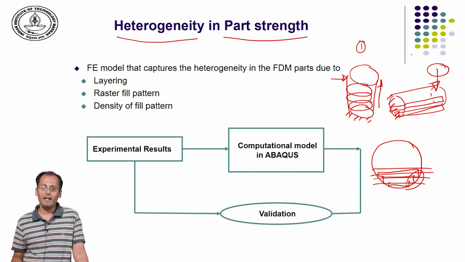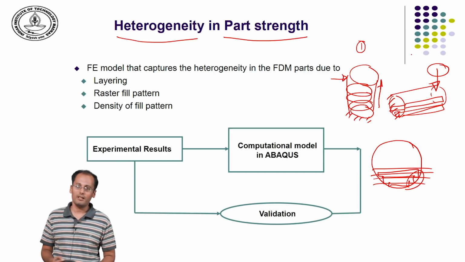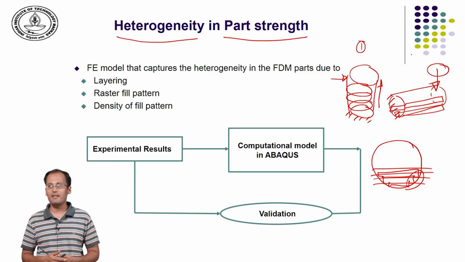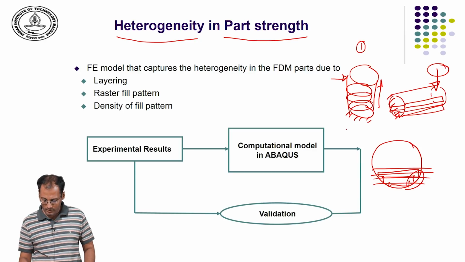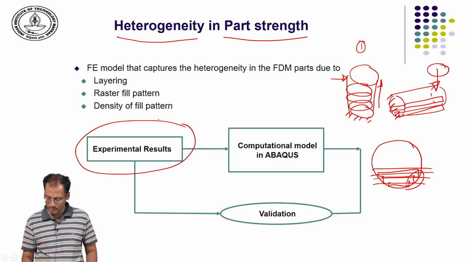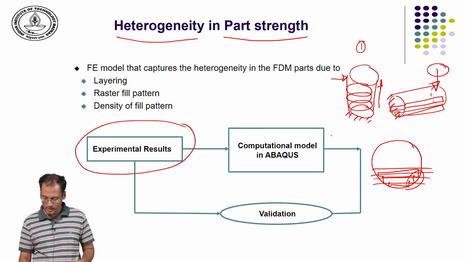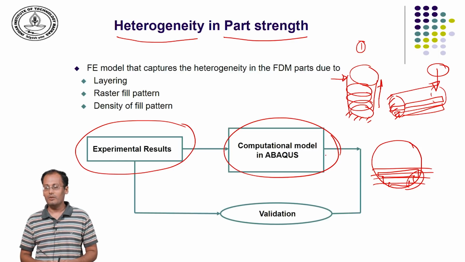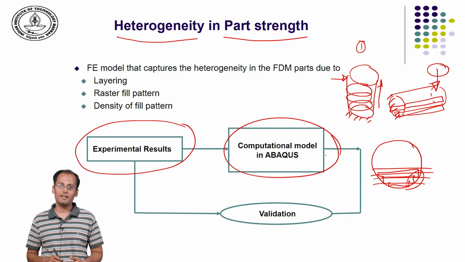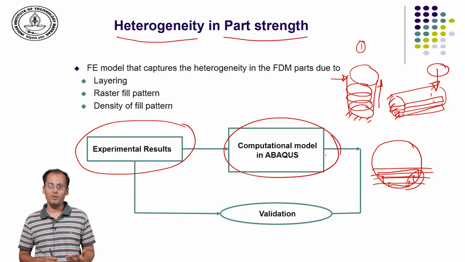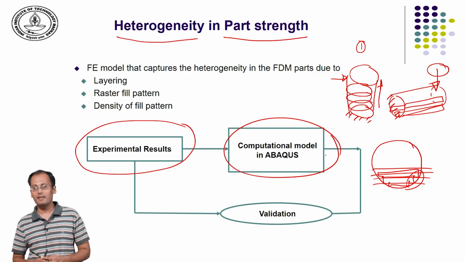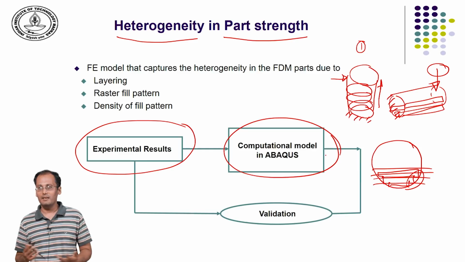To understand this and reflect it in the design, we need computational models or simulations which will enable us to understand the effect of the heterogeneity. So, here you see a framework which accomplishes the same. Using experiments, one can determine the behavior and use the same in a computational model. If I am building an ABS plastic part using injection molding, and the same ABS plastic part using additive manufacturing, even with, let us say, 100% density, the behavior under loading for these two is going to be different.